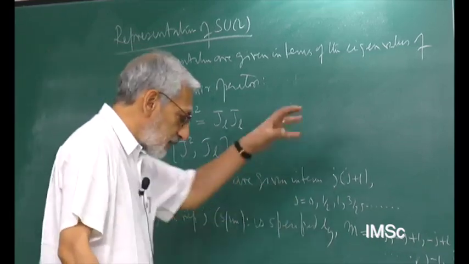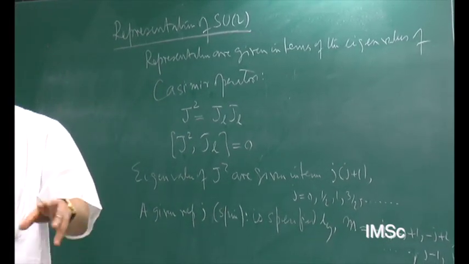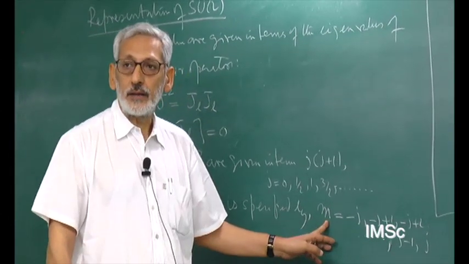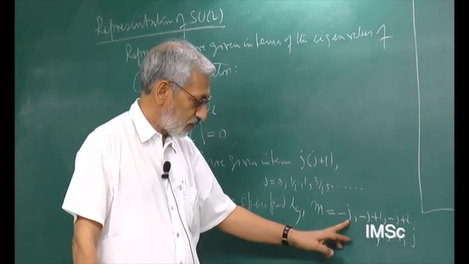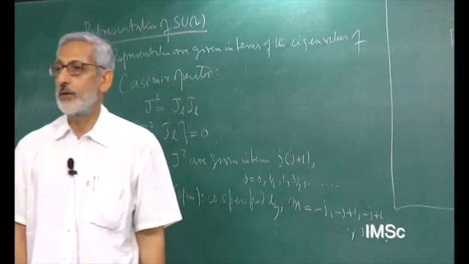So a representation is made of a certain number of components, and those components are labeled by another label m, which takes values from minus j to plus j with an interval of 1 unit.